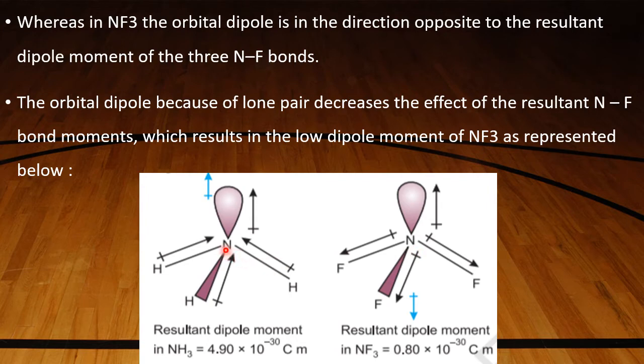Nitrogen, one lone pair. This is called the lone pair of electrons. So what is the similarity? The central atom is nitrogen. The second similarity is that both have a lone pair of electrons. But the difference is this area. Here this nitrogen has 3 hydrogen atoms, and this nitrogen has 3 fluorine atoms.